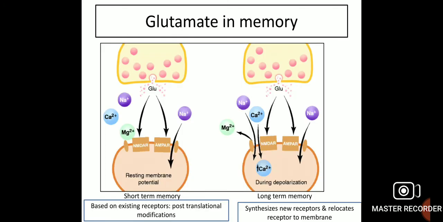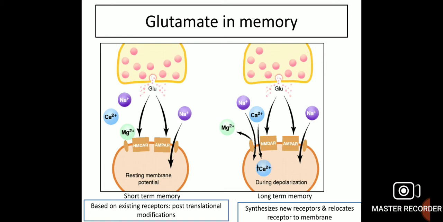So what is the role of glutamate in memory? If glutamate is released from the presynaptic terminal in a small quantity, first we will understand how glutamate acts. Glutamate acts on either AMPA or NMDA receptors.